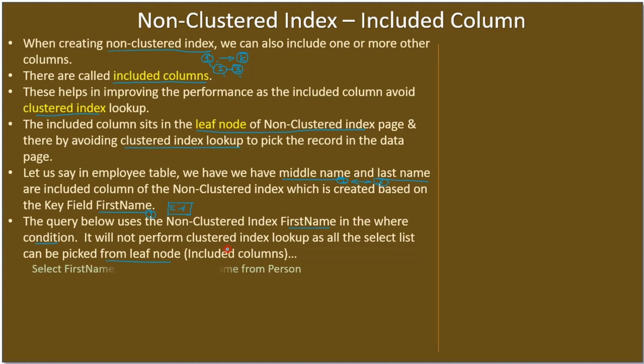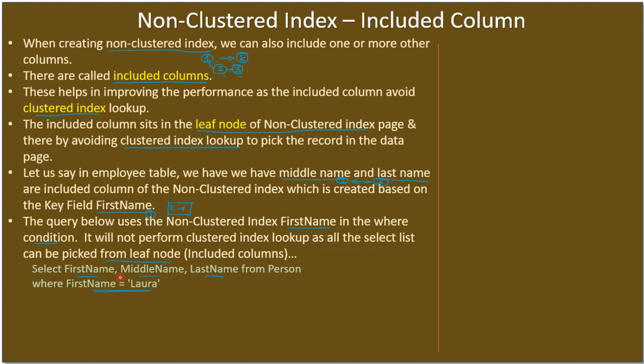Now let's look at the query here. Select first name, the non-clustered index key column, middle name, an included column, last name, which is also an included column, from person where first name equal to Lara.